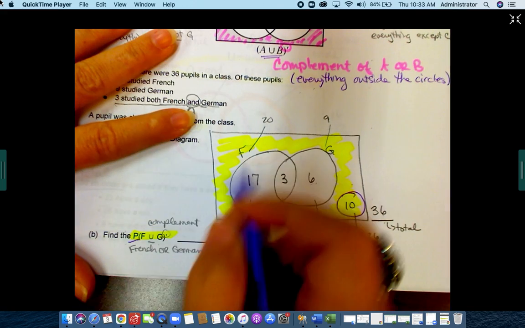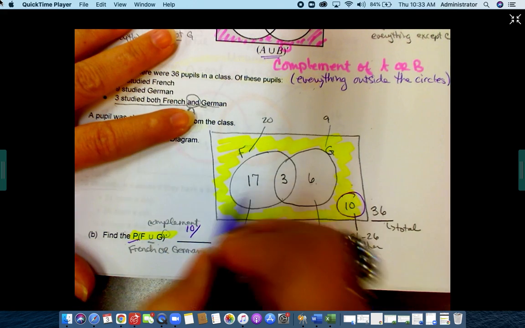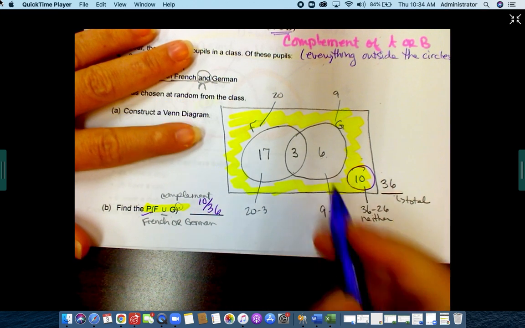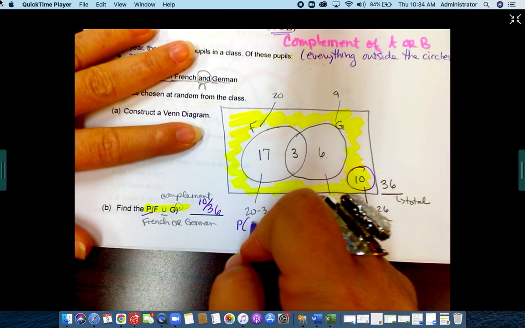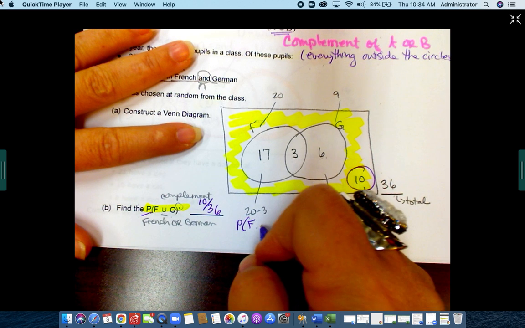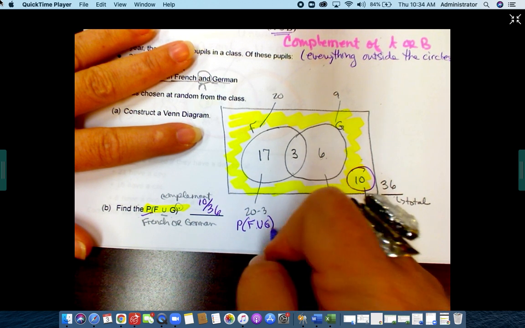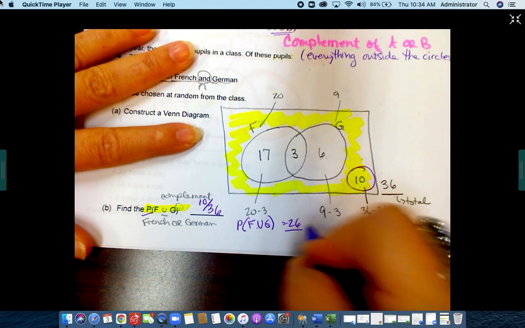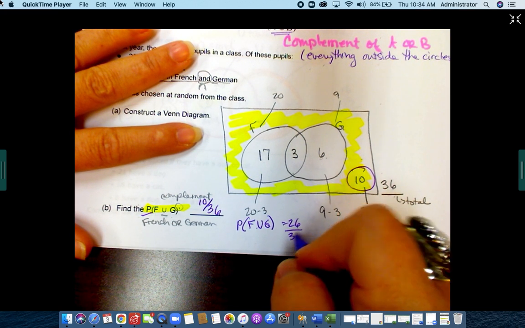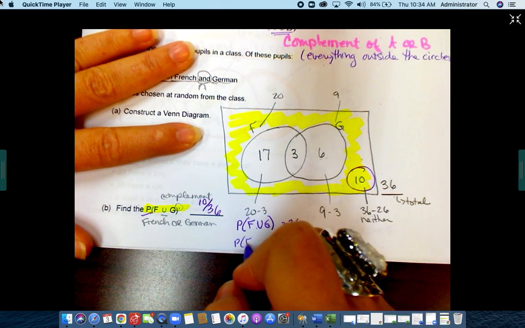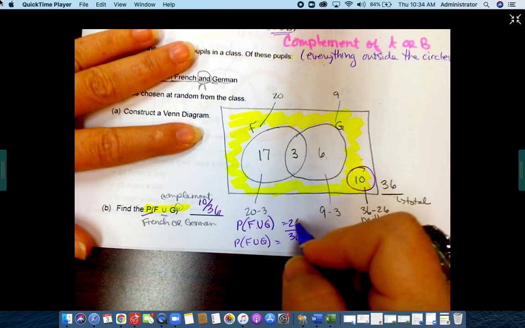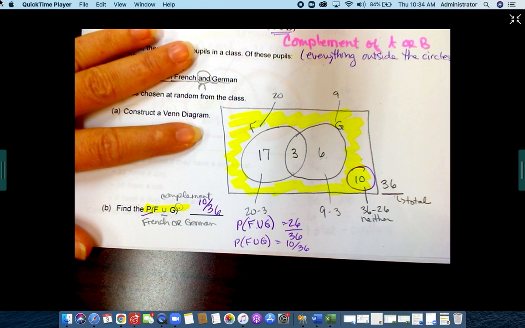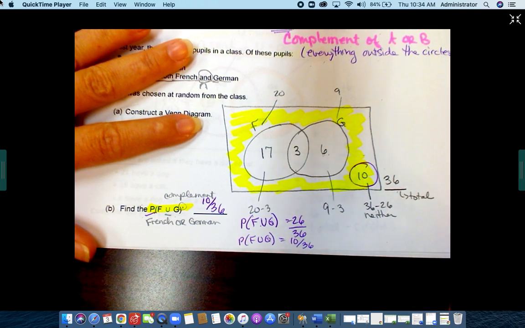So remember it's probability, so it's a ratio. 10 out of our total, which is 36. Something else you can think of is if the probability of F or G is 26 out of 36, then the probability of the complement should be the difference. So 36 minus 26 was 10. Does that make sense? I hope so.